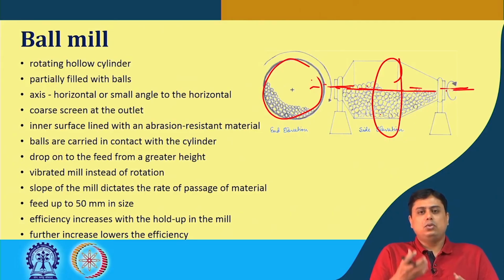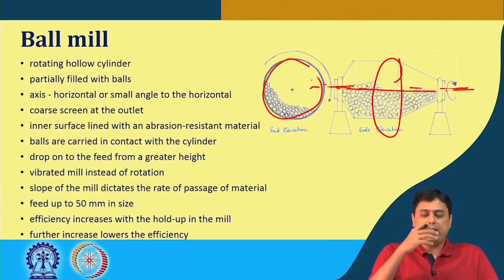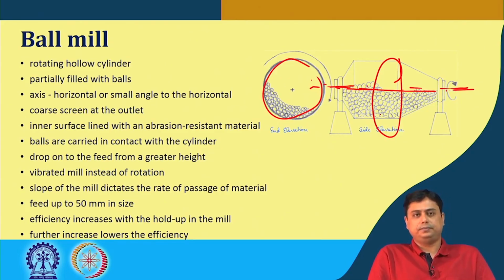They have to drop on the feed from as great a height as possible, because then we have the full efficient impact mechanism that can act on the solid particle.